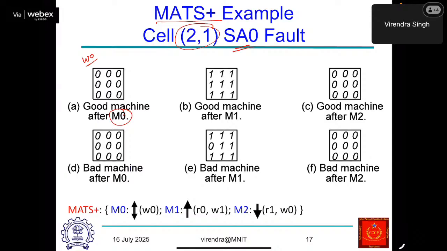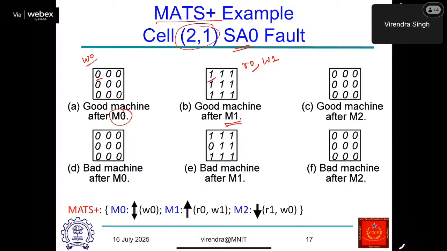sequentially. And then what you do, you read that value. So in M1, what you are doing, you are reading whether that particular cell will have 0 or not. If it has 0, after that it will write 1 over here, and then you can write everywhere.